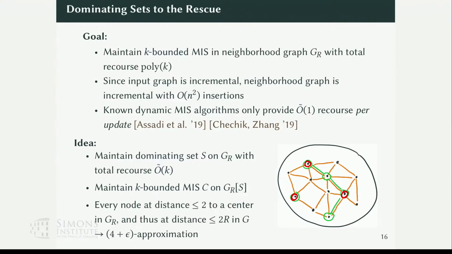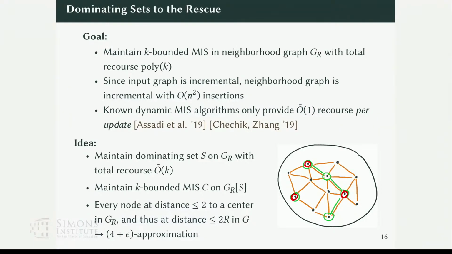In that way, we can guarantee that every node is at a distance at most 2 from a center in this MIS in the neighborhood graph. So in the real graph, it is at distance at most 2R from a center. That's why it gives in total a 4 plus epsilon approximation.